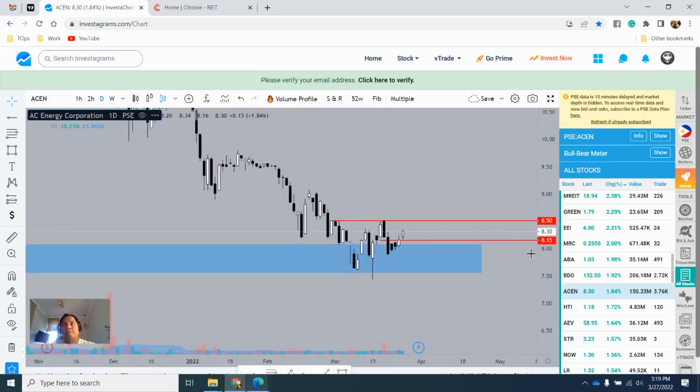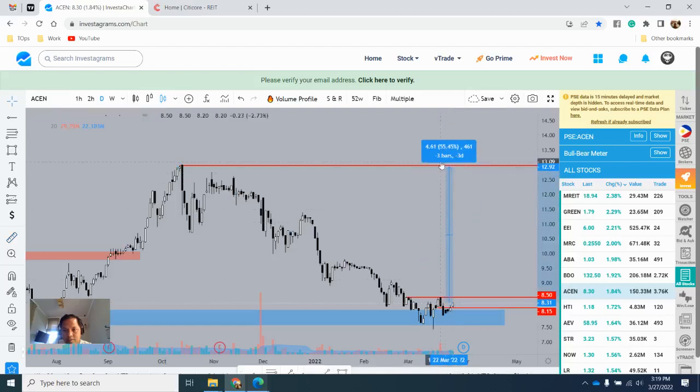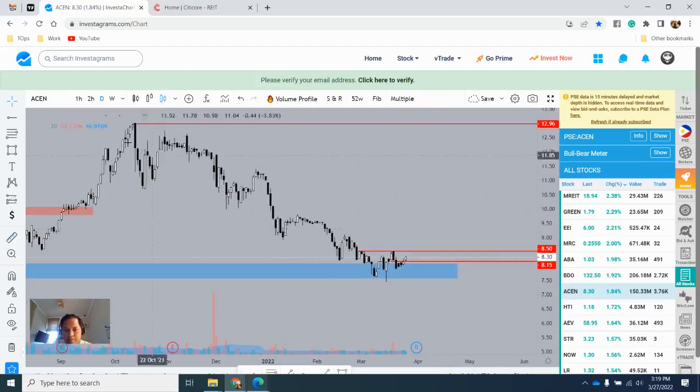So the possible upside for ACEN is, of course, this high of the market structure, 12.96. So what is that? That's 55% on the current price, and I recommended the stop loss over here just below the low.